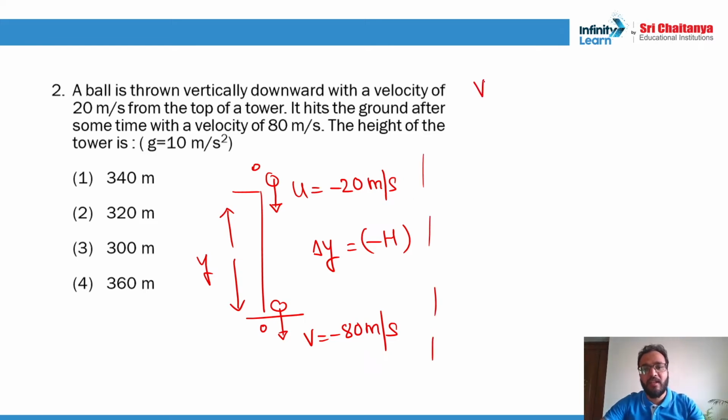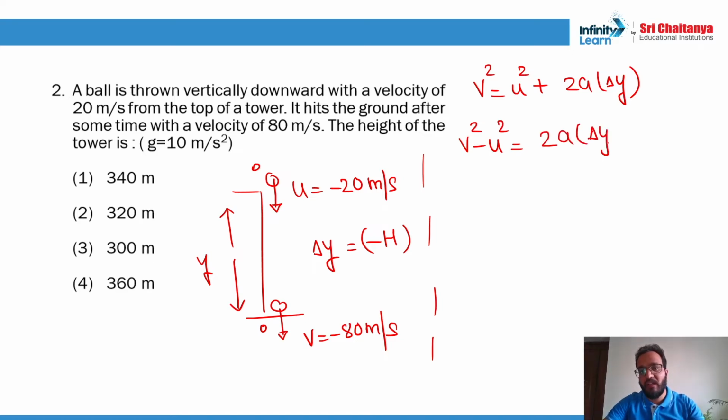You will say v square is equal to u square plus 2a delta y. Now listen to me very carefully. V square minus u square is equal to 2a delta y. Now put all the values very carefully. What is v? V is minus 80 whole square. Doesn't matter because it's going to be square, so minus 80 or plus 80. But you need to be very honest in your answer.